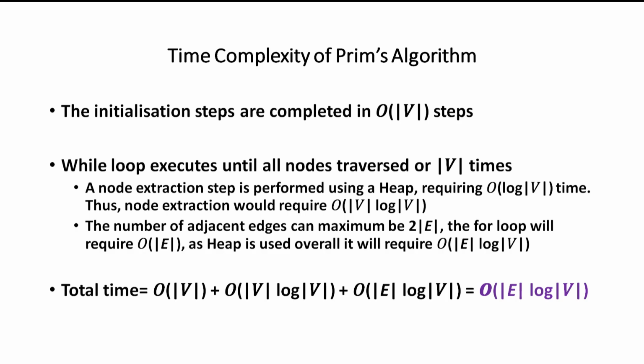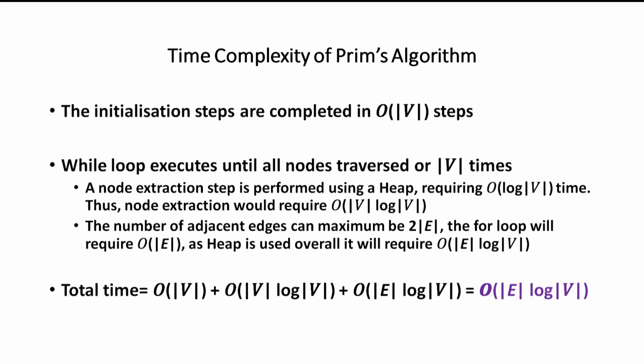In the heap, if you are aware, it requires order of log V time. So there are V nodes, each requiring order of log V, so the total time will be V log V. Similarly, the number of adjacent edges can be at most 2|E|. The for loop will require order of E, and as a heap is used, overall it will require order of E log |V| time complexity.